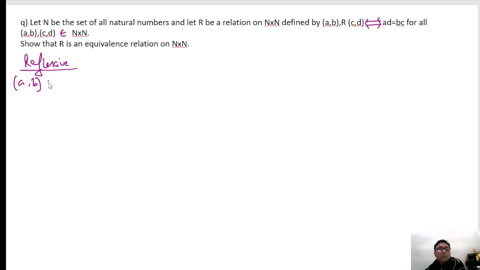See how they are taking, if (A, B) is related to (C, D), A is going with D and B is going with C. So I will write here AB and BA. So they are equal? Yes, they are equal. A will go with B and B will go with A. They are telling the product on both sides should be equal. Yes, they are equal, so it is reflexive.